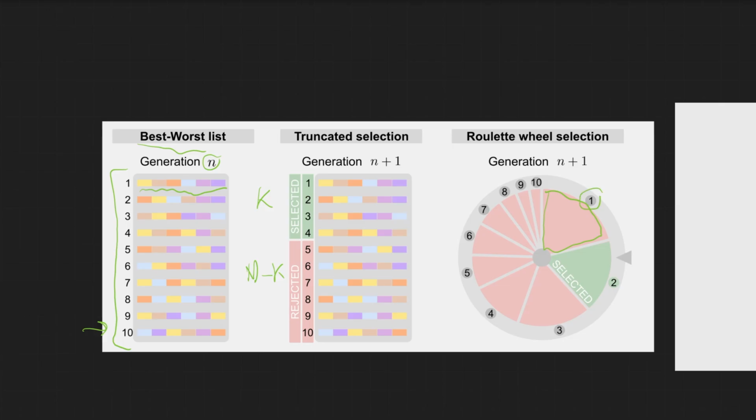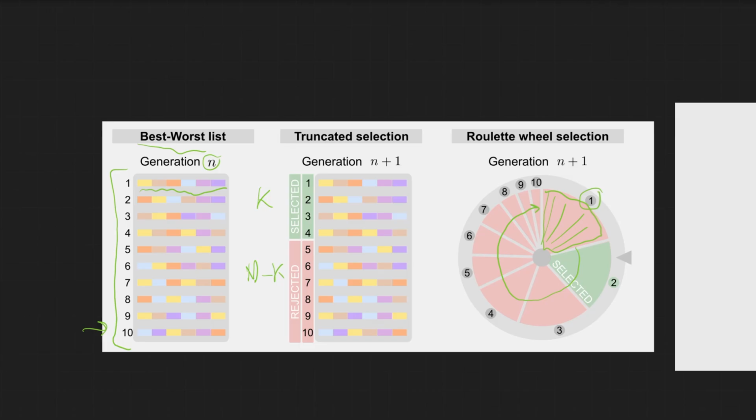So individual number 1 is the best and is going to get the largest slice of pie in our cake. And then we will go down, down, down to individual number 10, the last one, that will have the smallest slice of pie.